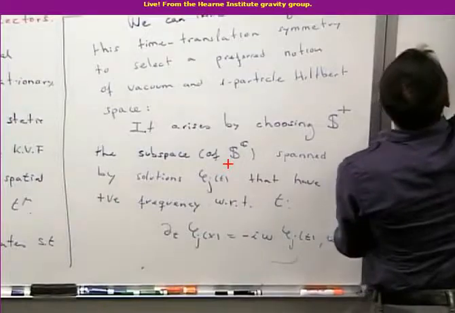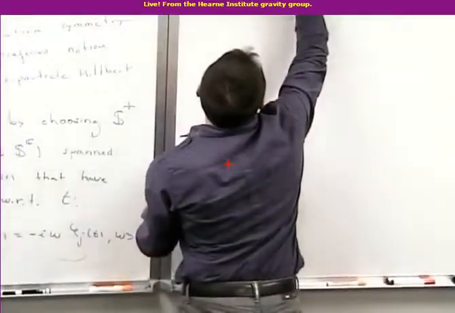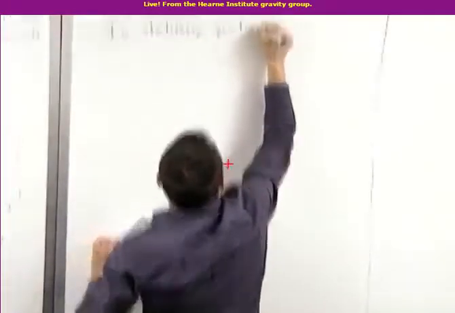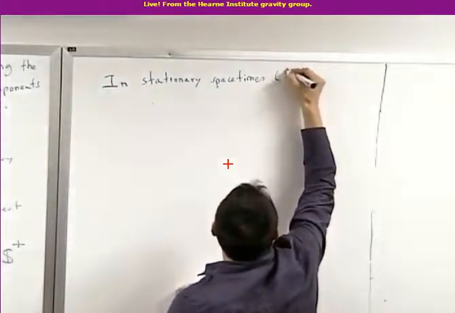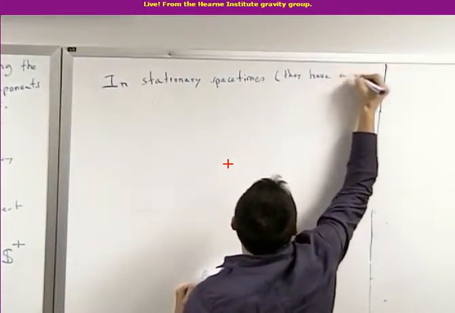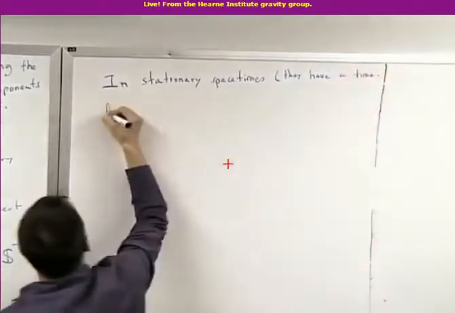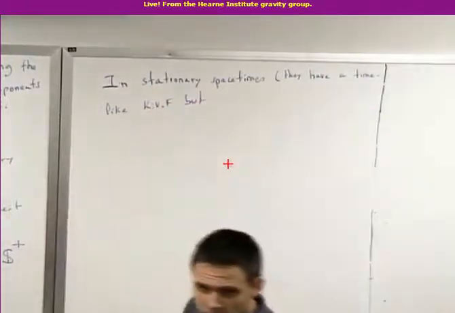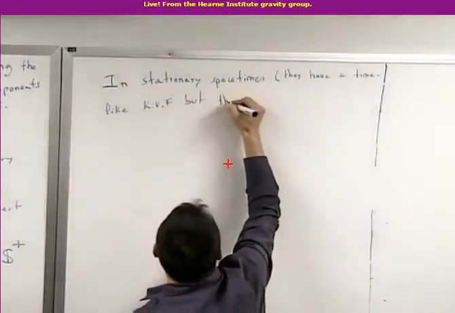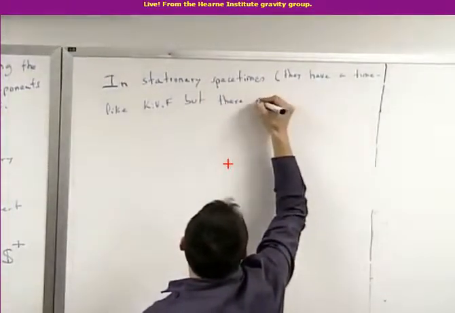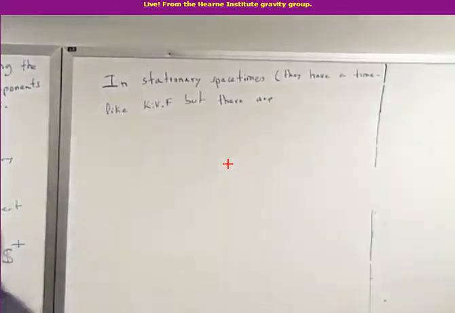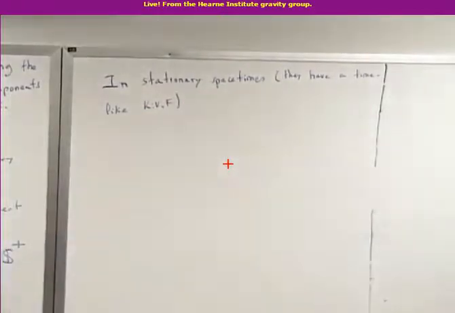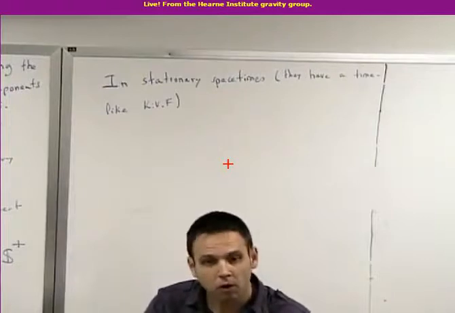So, stationary spacetimes admit a timelike Killing vector field, but there are no hypersurfaces to which it is orthogonal.